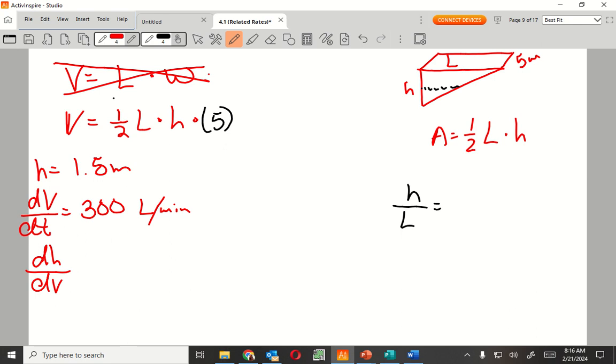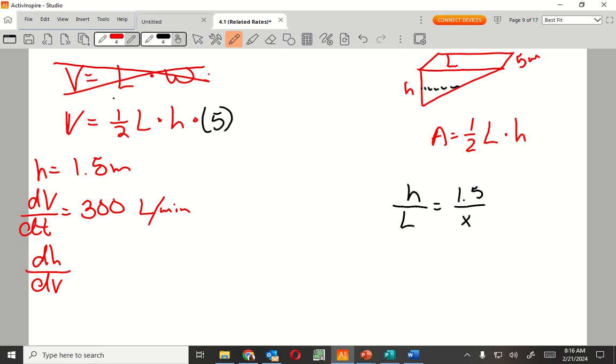Because I've got to figure out what it is. They are proportional. Do I know what the height is supposed to be, though? 1.5, right? My height is supposed to be 1.5 over, I don't know, but I can figure it out. So with that ratio, I can replace one of my variables.